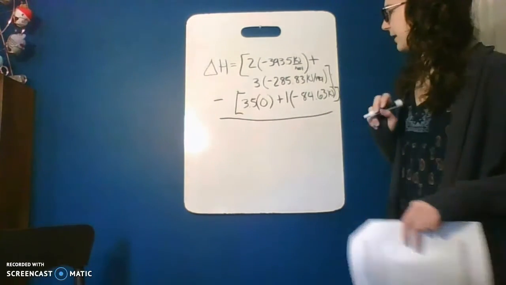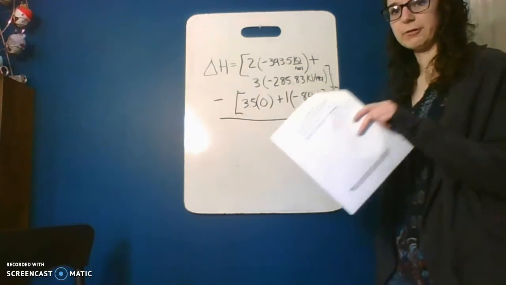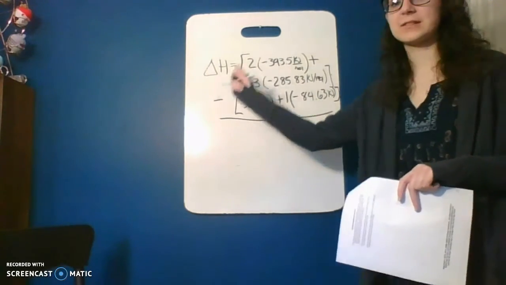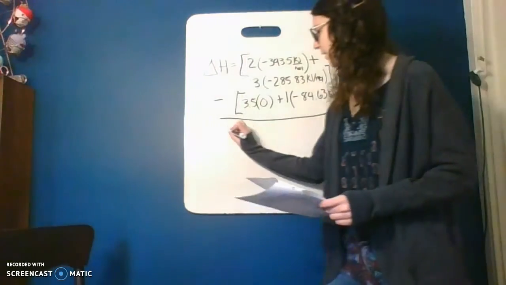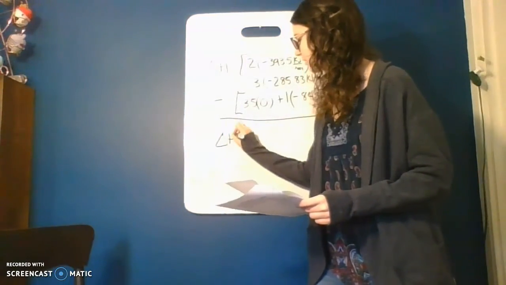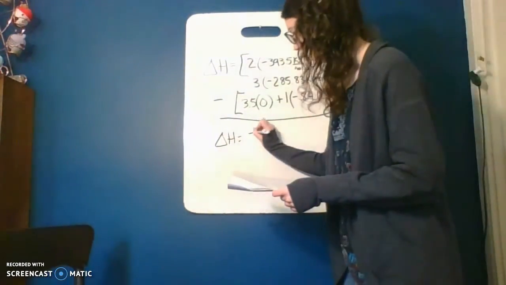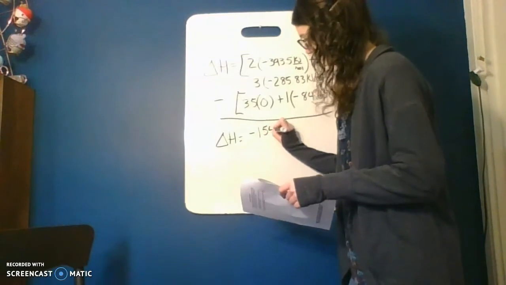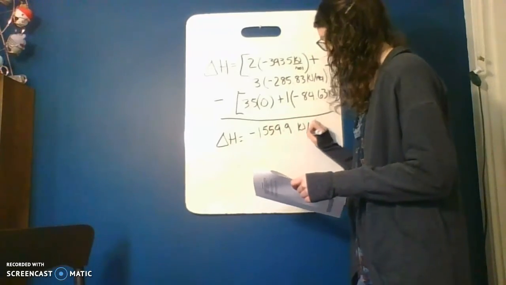If I plug these into my calculator, usually I do the products all together and the reactants all together and then subtract them from one another, just because this is a lot of parentheses going on. When I add those together, I find a delta H of reaction to be negative 1,559.9 kilojoules per mole.